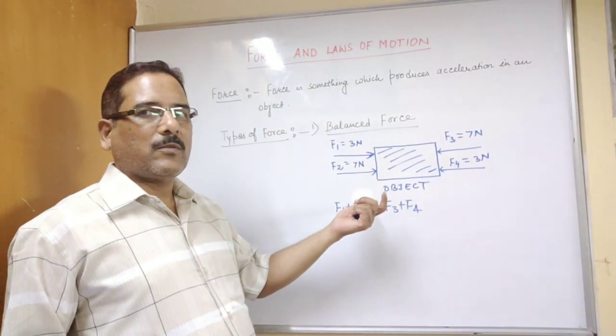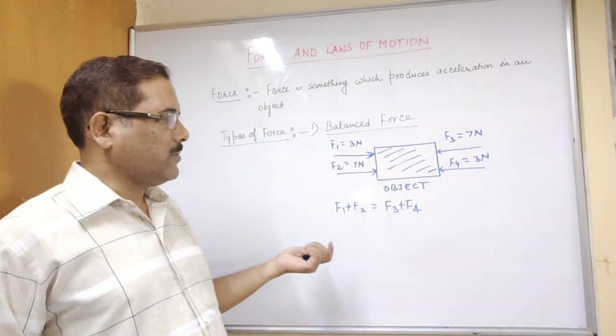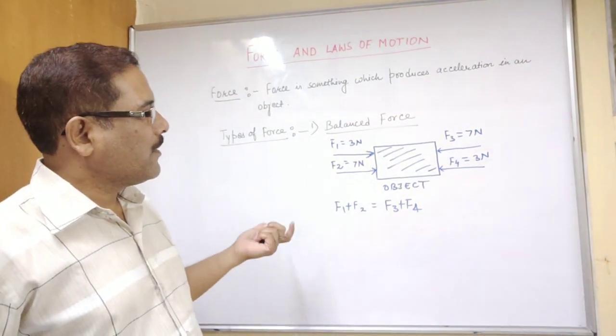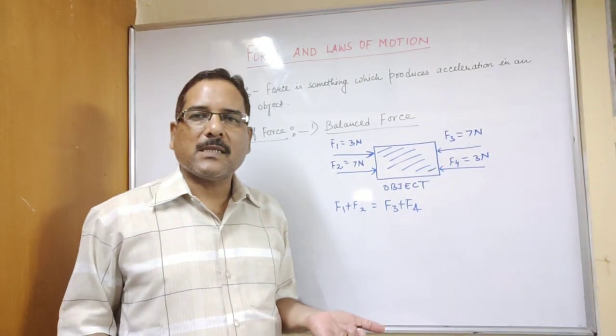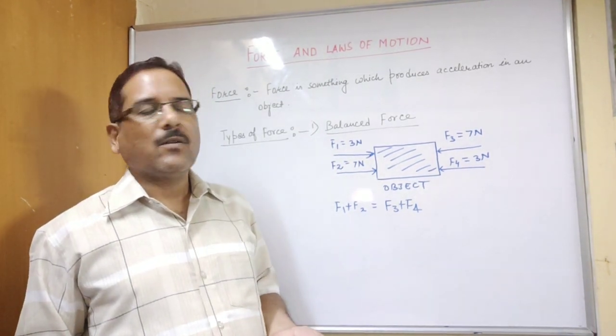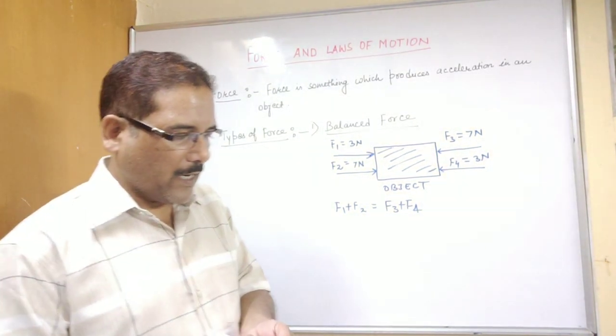So the object will not move, no acceleration will be produced on the object. If no motion, no acceleration. So we can say that forces are said to be balanced when they produce zero acceleration in an object.